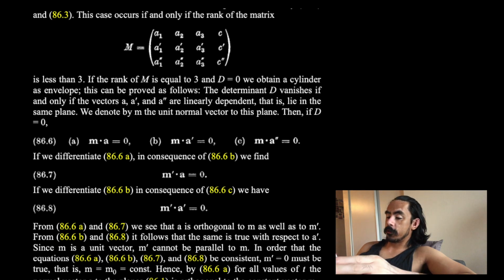Now, if we differentiate the first case, then in consequence of the second case, we find that the scalar product of M prime with A is equal to 0. And if we differentiate the scalar product of M with A prime being equal to 0, then in consequence of the scalar product of M with A double prime being equal to 0, we have that the scalar product of M prime with A prime is equal to 0.